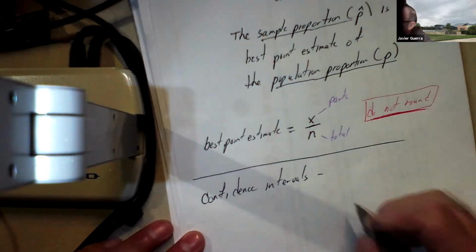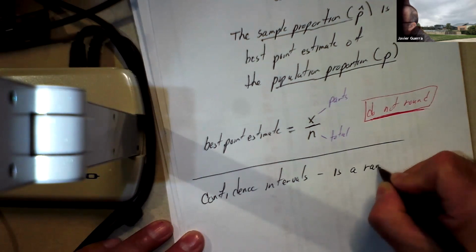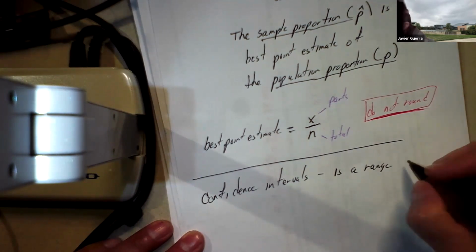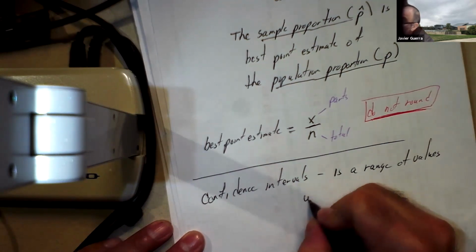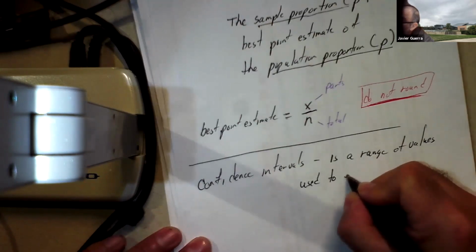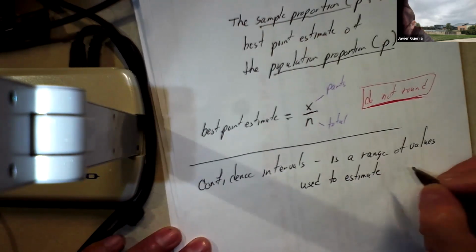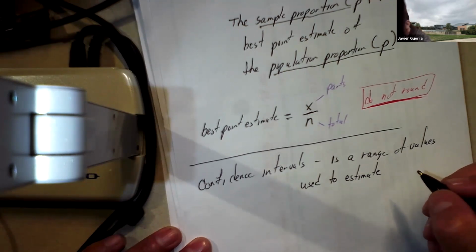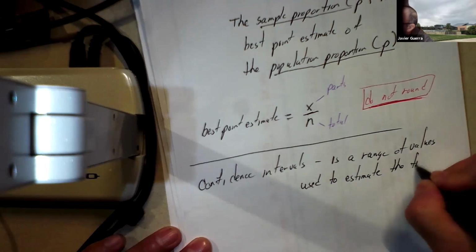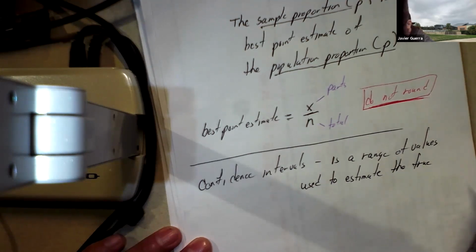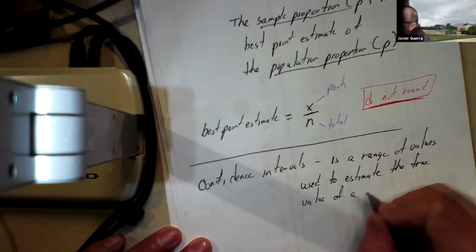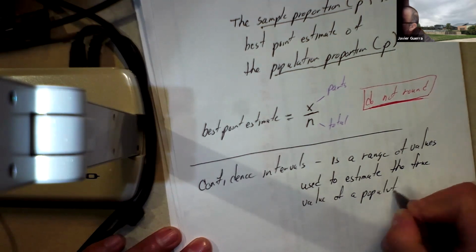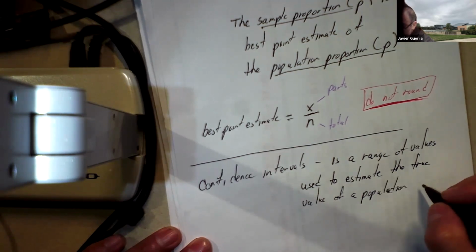A confidence interval is a range of values used to estimate the true value of a population parameter.